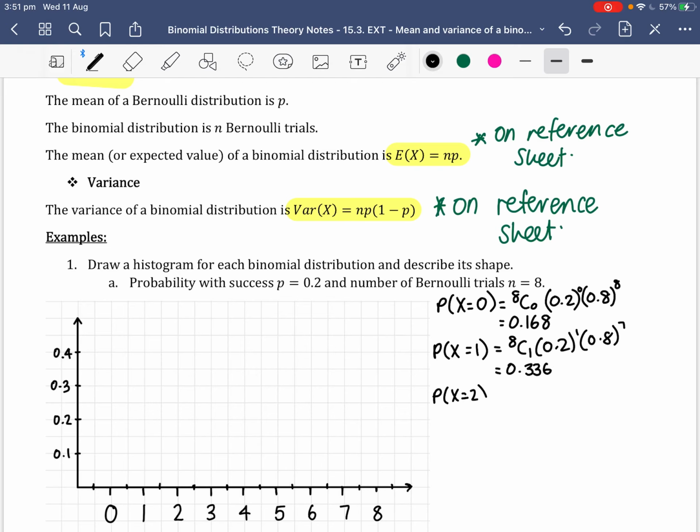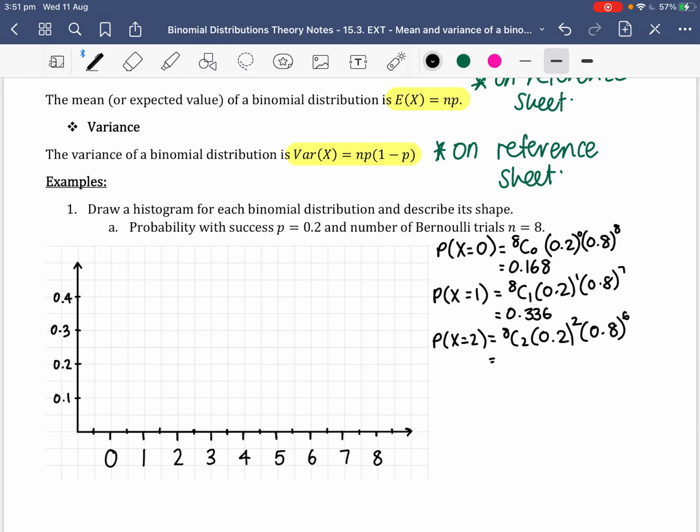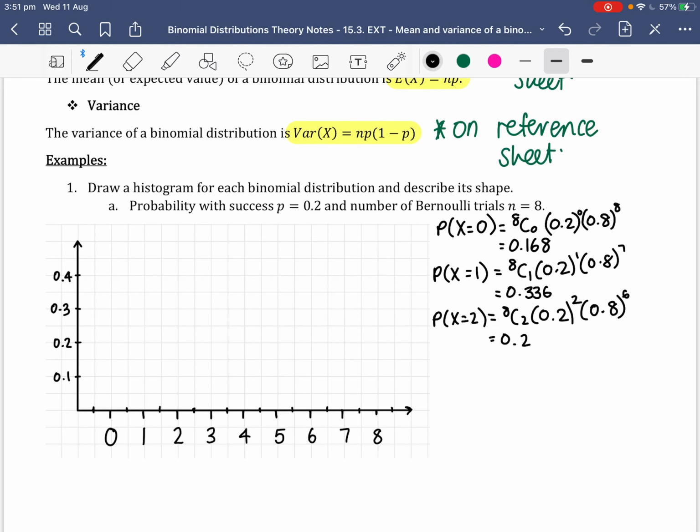The probability that X equals 2 equals 8 choose 2, 0.2 to the power of 2, 0.8 to the power of 6, and to 3 decimal places this is 0.297. Now we have the probability that X equals 3, so that's 8 choose 3, 0.2 to the power of 3, 0.8 to the power of 5, and to 3 decimal places this is 0.147.